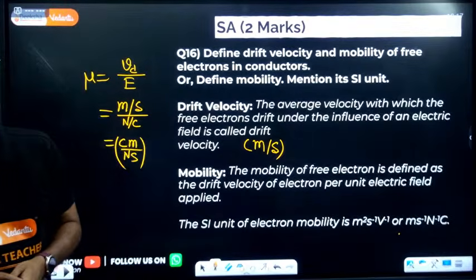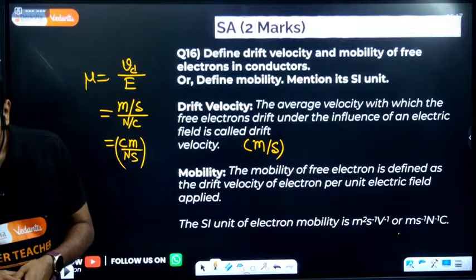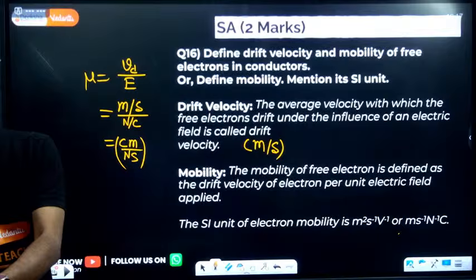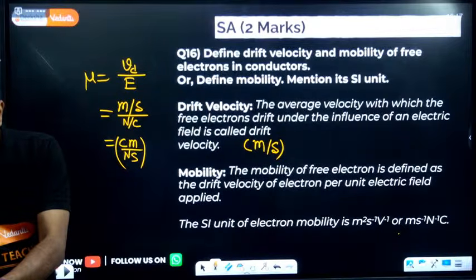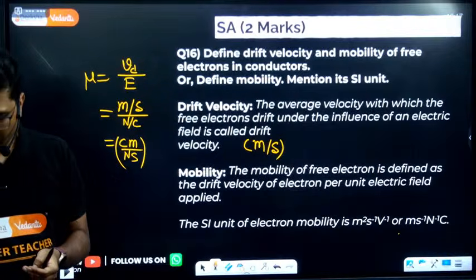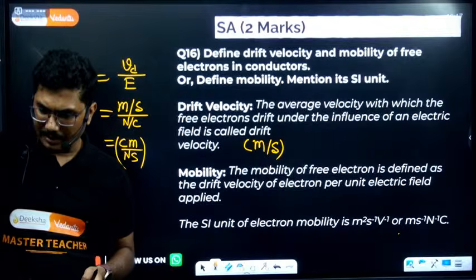I just tried to fix the volume, it is still low. See, now in my device the sound is coming perfectly.